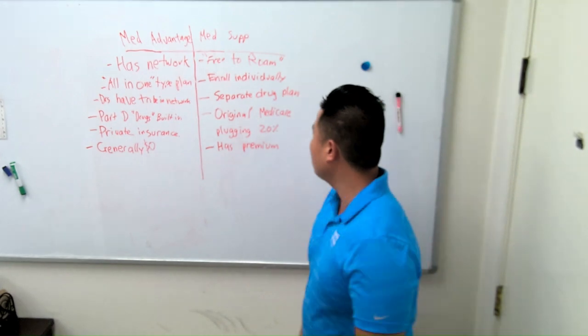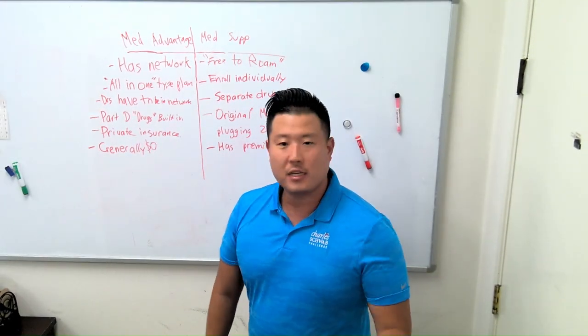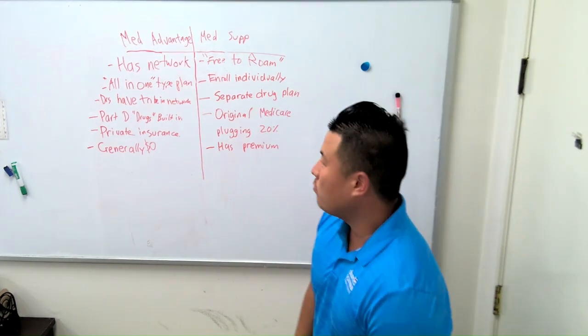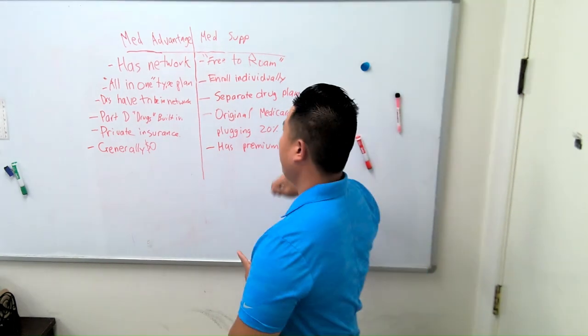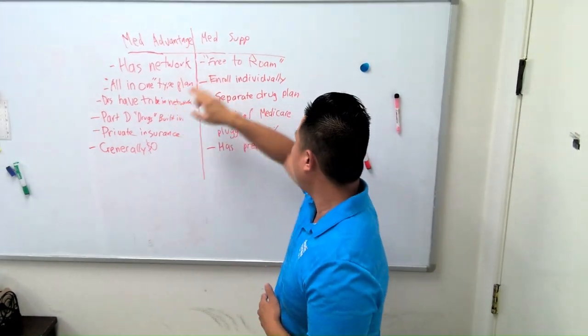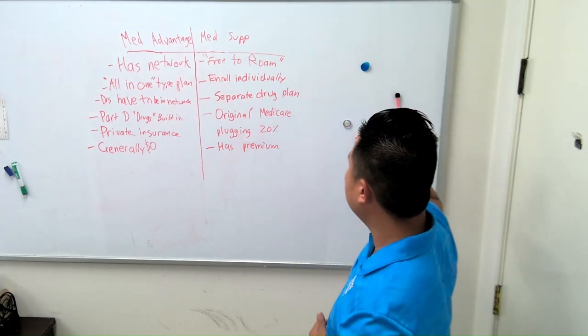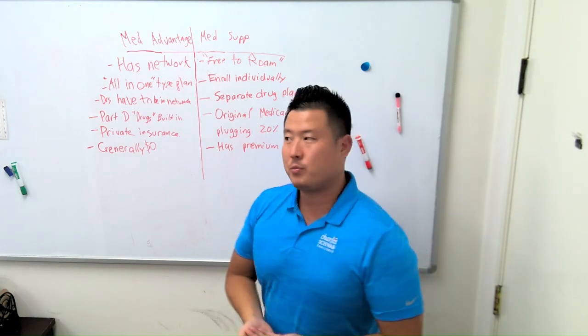Medication is another reason why some agents would get allegations, because the 2 things we need to do in our jobs is find the right network, right doctors in the right network, and find the drug plan that's going to have the lowest cost for the prescriptions.